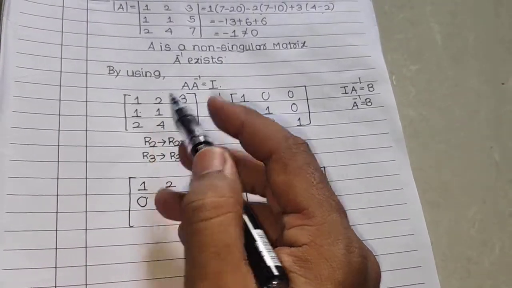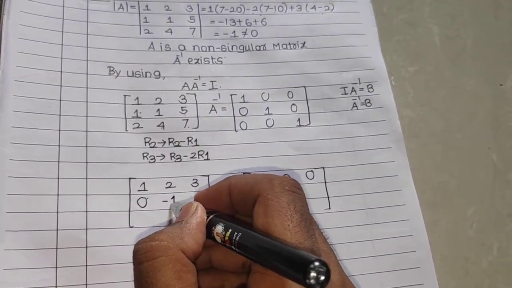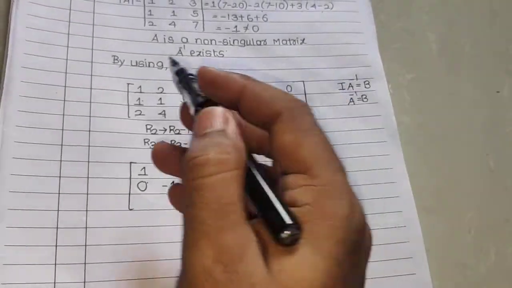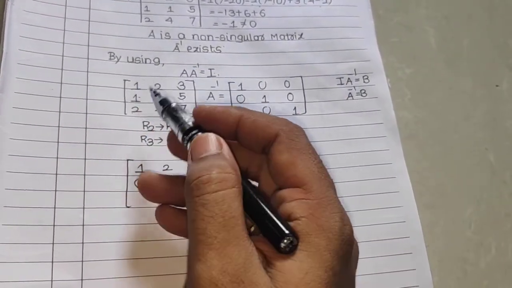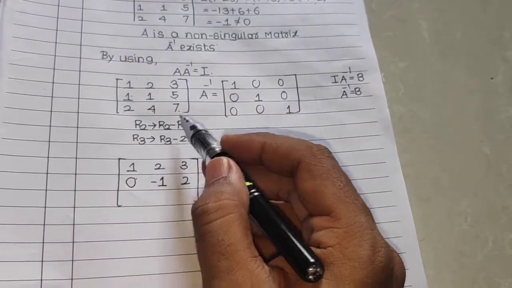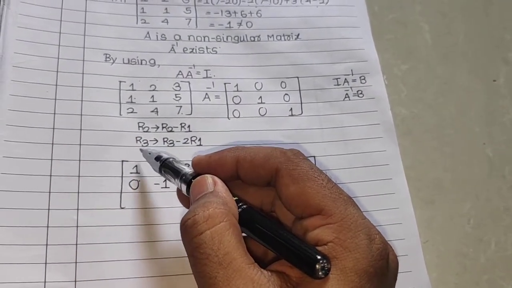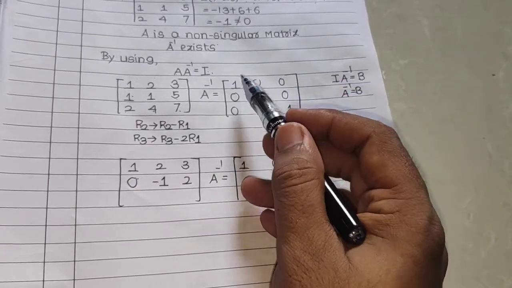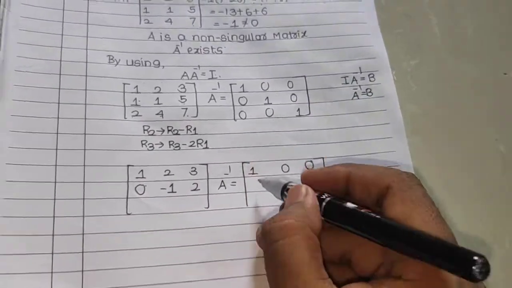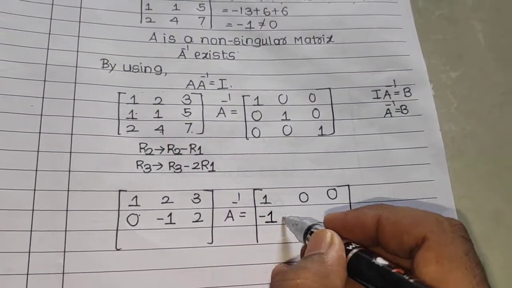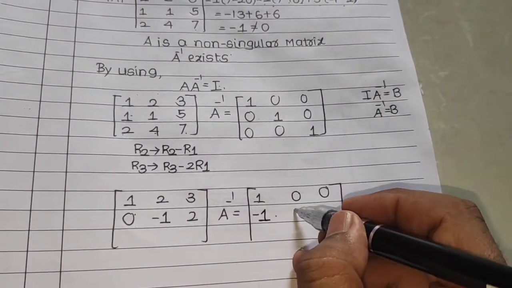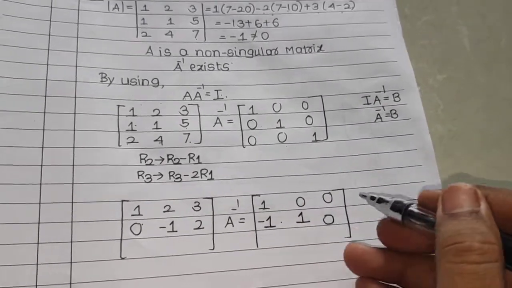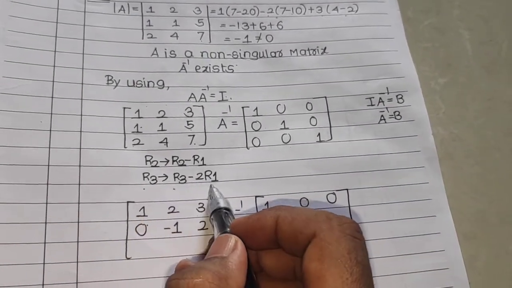Now R2 minus R1, so 1 minus 2 will be minus 1, 5 minus 3 will be 2. Whatever operation we do on the LHS, the same operations have to be done on the RHS also. So R2 minus R1, that is 0 minus 1, 1 minus 0, and 0 minus 0. Now R3 changes to R3 minus 2R1.